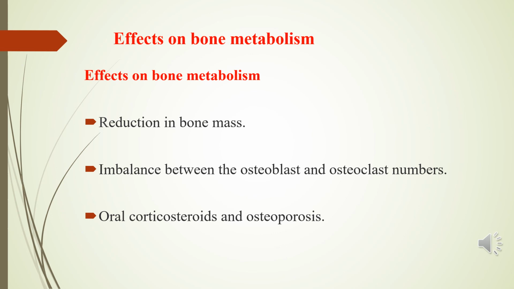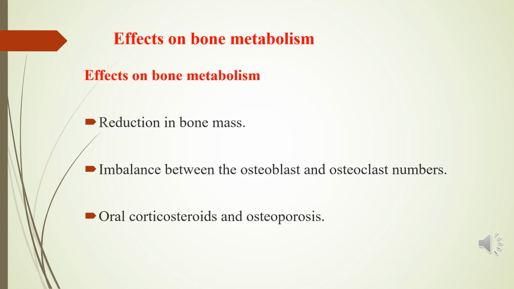So this reduction is due to an imbalance between the osteoblast and osteoclast numbers. Osteoblasts are the bone forming cells, and the osteoclasts are the bone degrading or bone resorbing cells. And indirectly by suppression of the pituitary gonadal axis.